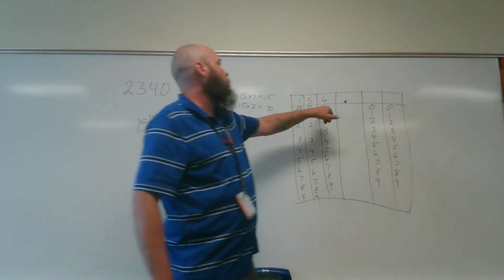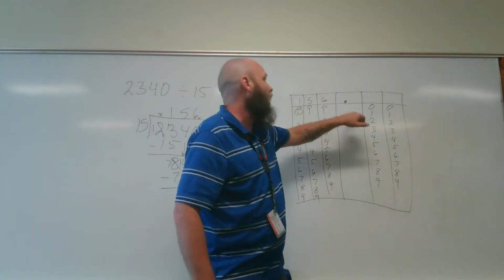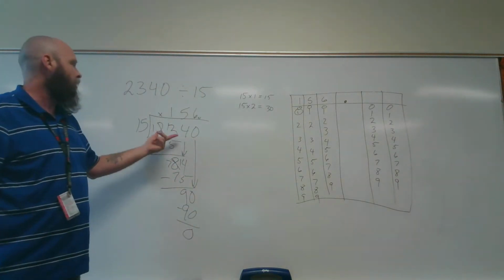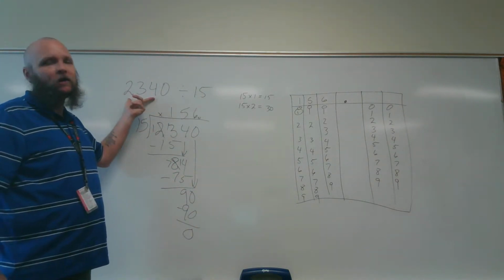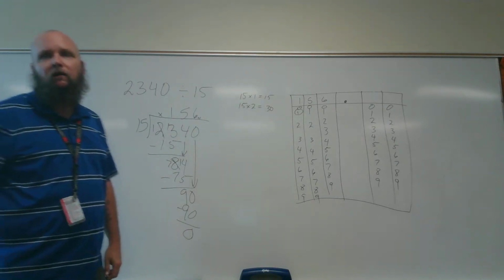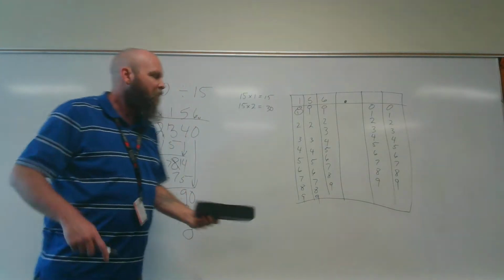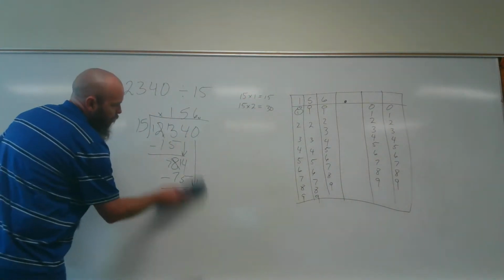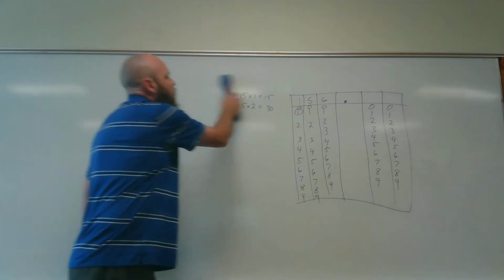If you put it there, your answer would be 1 and 56 hundredths. That doesn't make sense. That's like splitting $2,340 between 15 people and telling me each person gets $1.56. It's important to know where your decimal point is and to line your decimal point up when you're bubbling in.